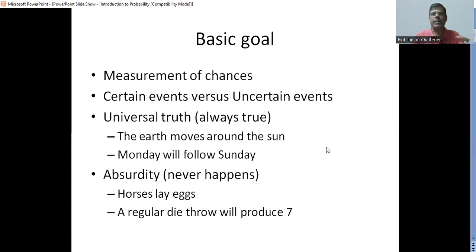Zoology talks about animal kingdom. So what's the goal of this topic of probability? It tries to measure chances. That's what it does in a nutshell.